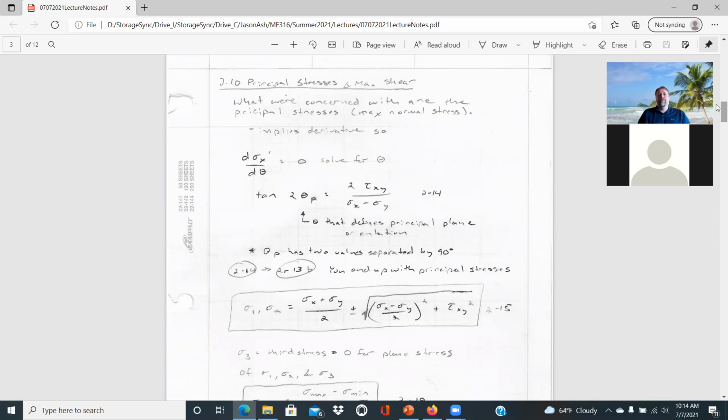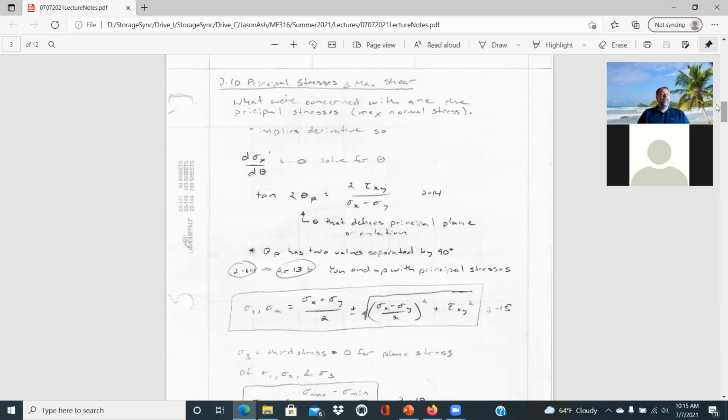Again, what we're concerned with are the principal stresses, the max normal stresses, and what that really implies is a derivative. If we take the derivative of sigma x prime with respect to theta and set that equal to 0, that'll give us a value of either a minimum or a maximum.